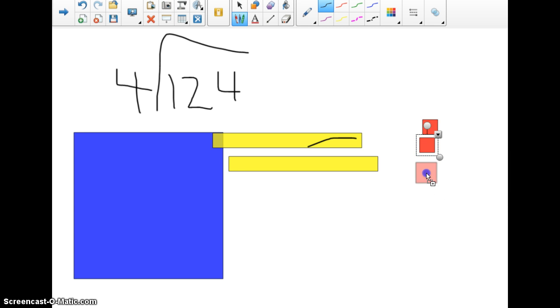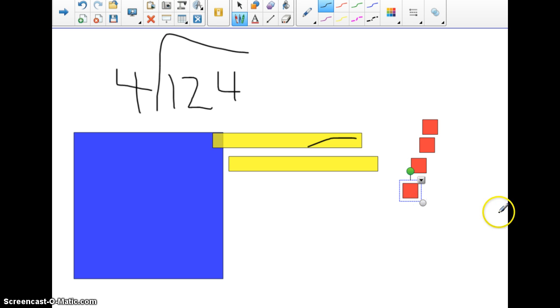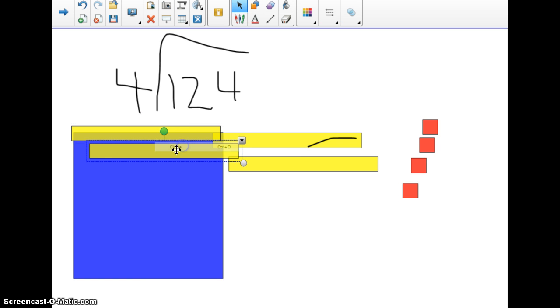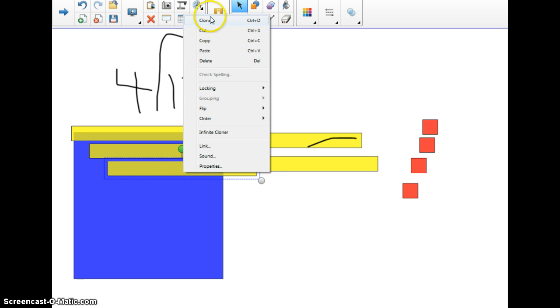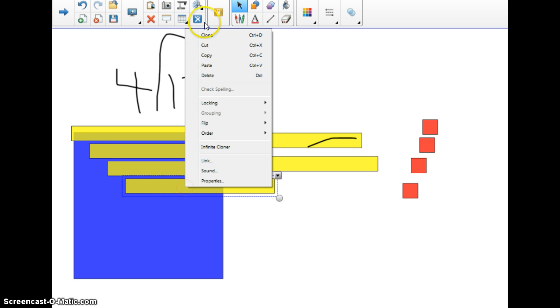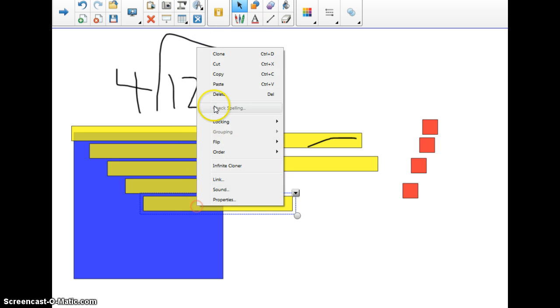Okay, looking at this model, this 100 is fairly large to divide, so we need to take this 100 and break it into smaller parts. So let's take that 100 and put 10 down here.